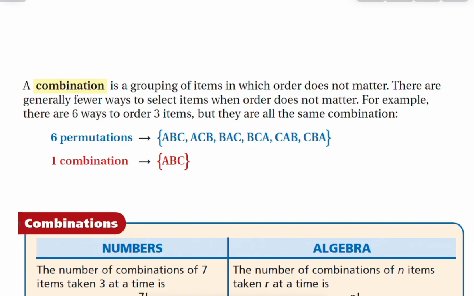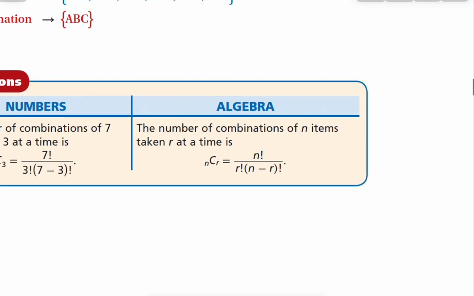So ABC in a permutation is different than ACB. But in a combination, an A with a B with a C is all the same. So the combination has less things because those repeated pairs or triples or whatever we have to throw out. So the formula looks a little different. So let's talk about the formula for a combination. Here's the formula.